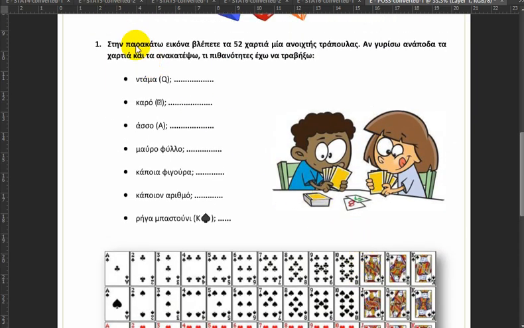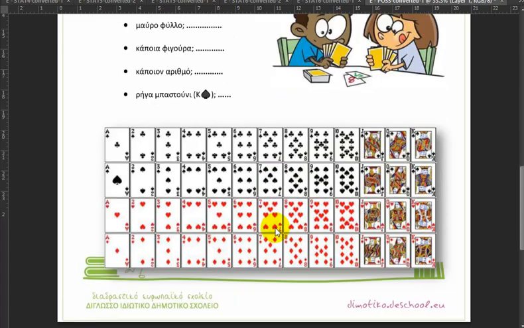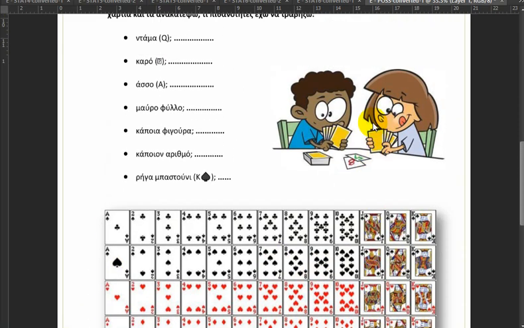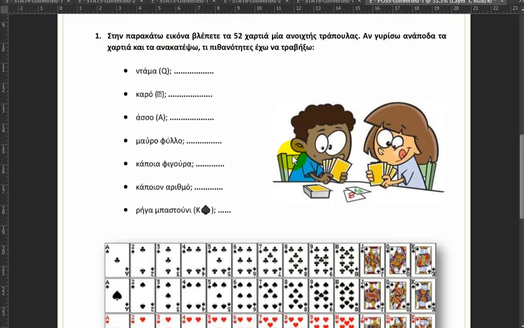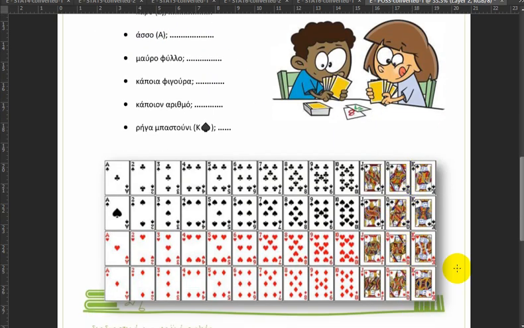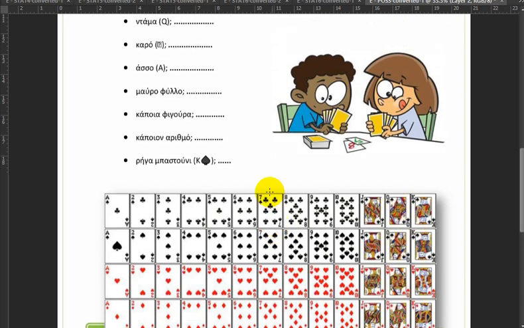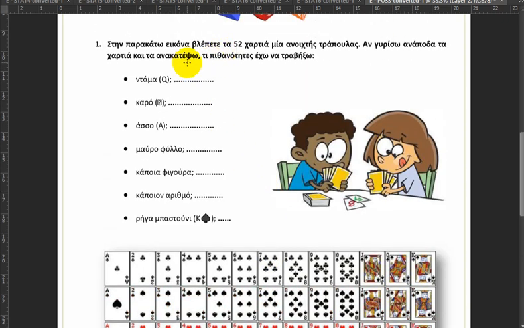Okay, so exercise 1 shows us a deck of cards basically, and it wants us to find the probability of getting these results if we choose a card randomly. So first, what is the probability of getting a queen? As you can see here, there are 4 queens out of 52 cards, so that would be 4 out of 52.